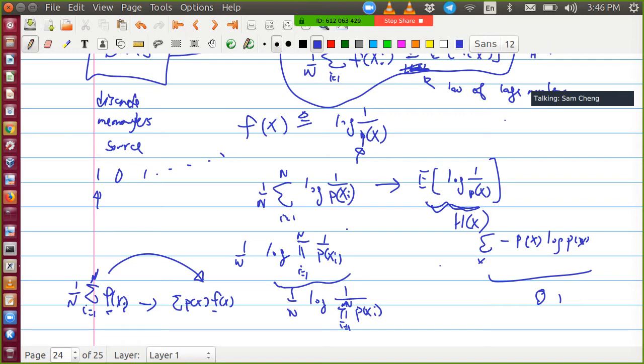Then this guy here is just equal to p(x), the probability of the entire sequence. So therefore, what we have is log 1 over p(x) of the sequence, over n, will approach H(X).